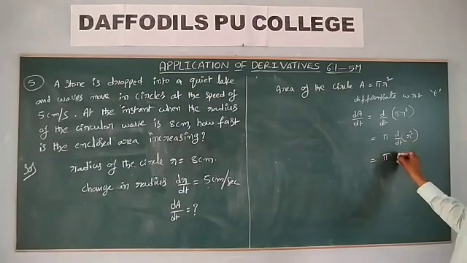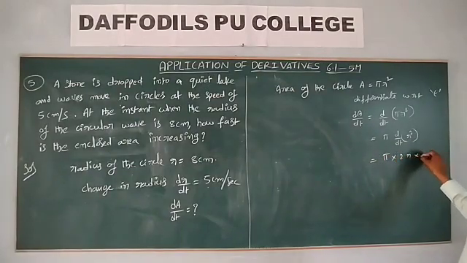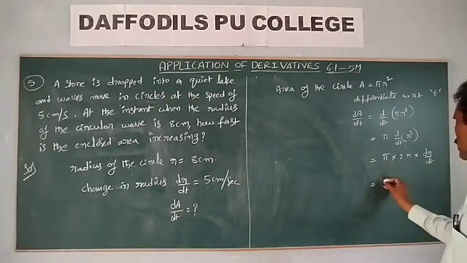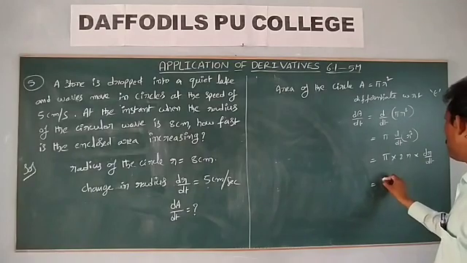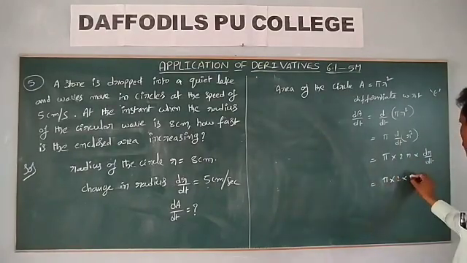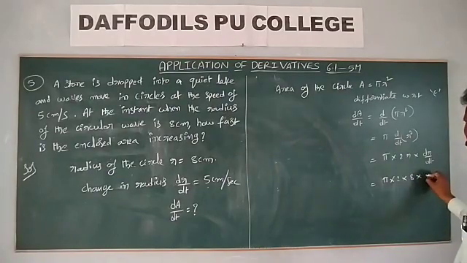This implies pi into 2r into dr by dt. So that implies pi into 2 into r value 8 centimeter, dr by dt value 5.